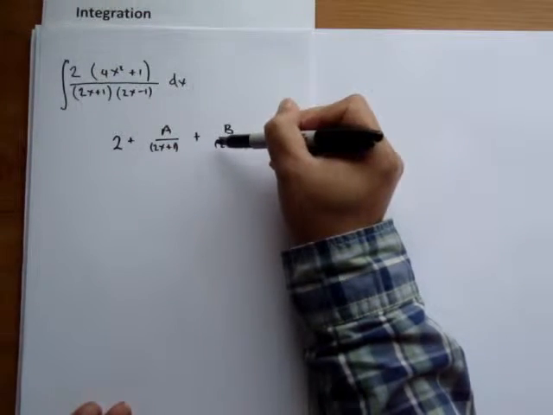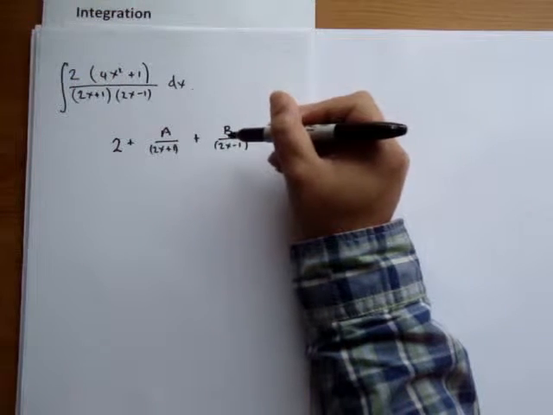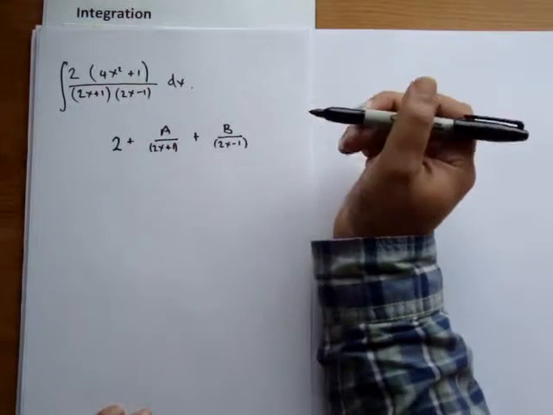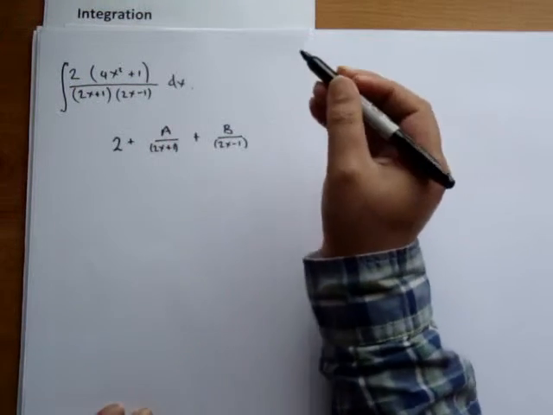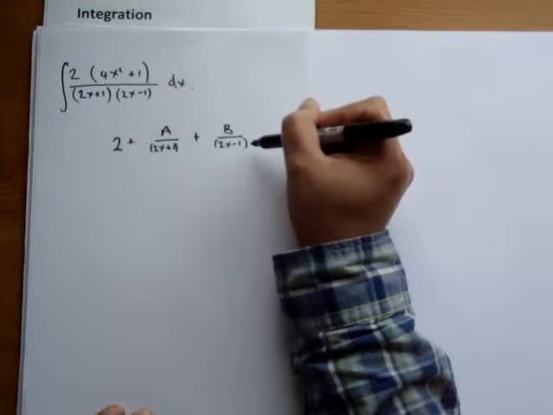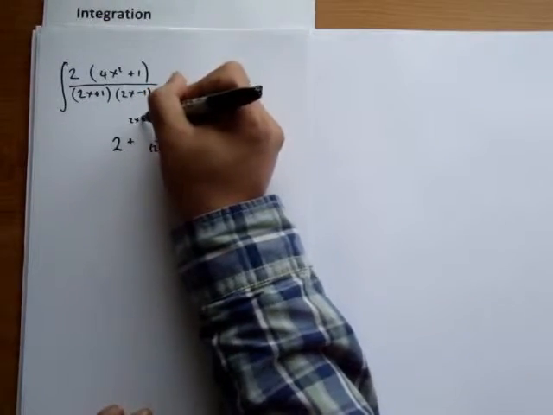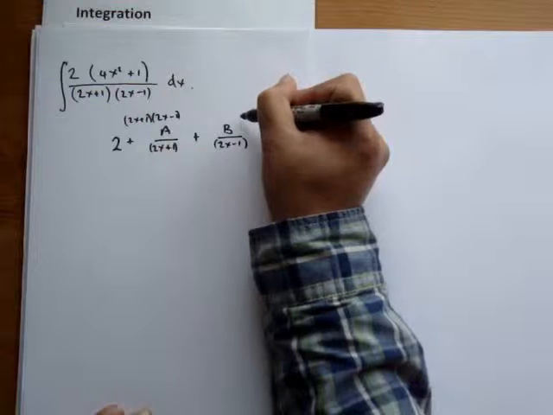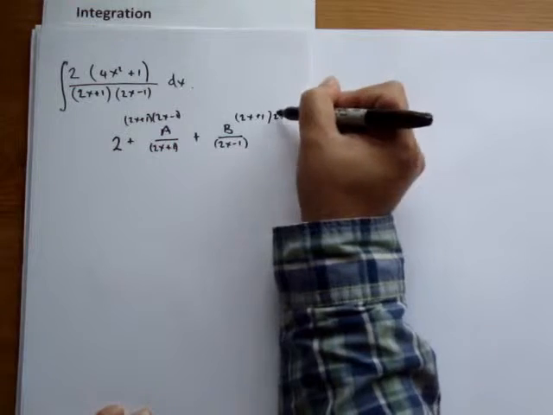Now, as we did before, what we need to do is get the lowest common multiple and multiply the top. So this would be 2x plus 1, 2x minus 1, and the same on this side, 2x plus 1, 2x minus 1.